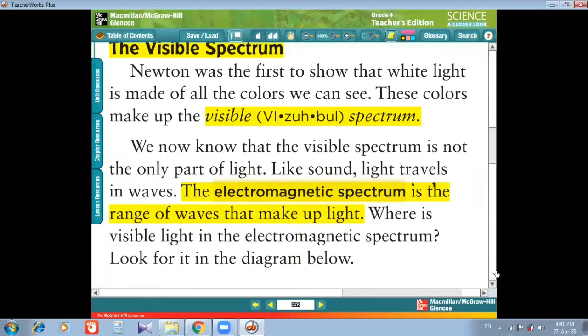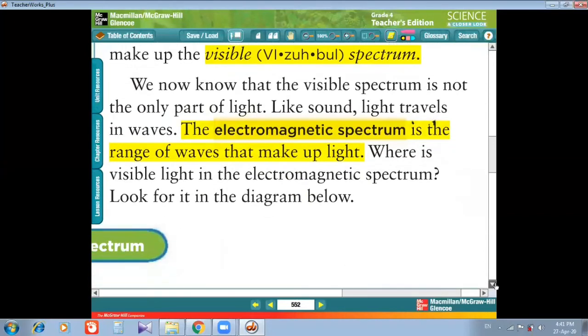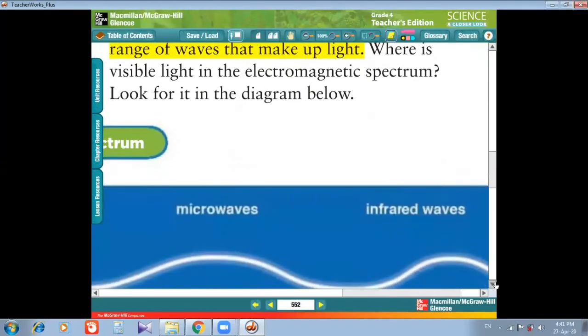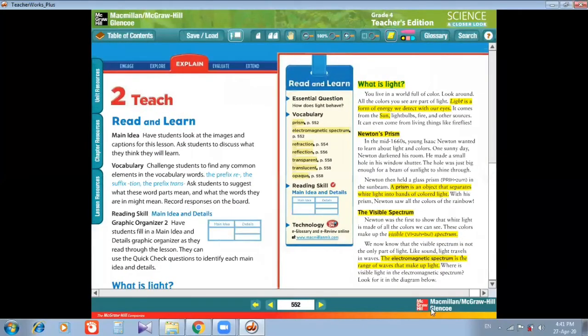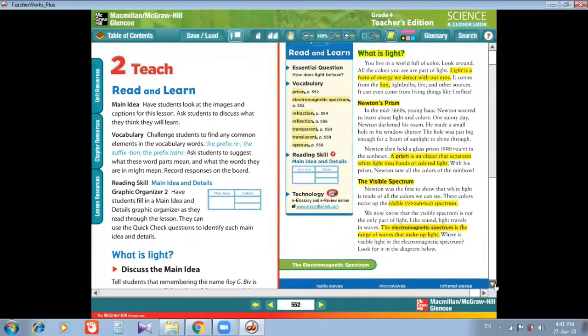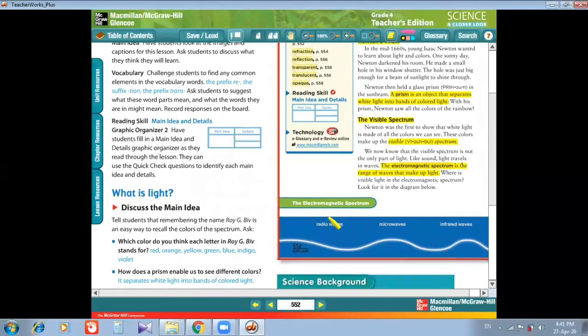If we see the picture below, you can see the electromagnetic spectrum. Here you have radio waves, microwaves, and infrared waves. All these waves are included in the electromagnetic spectrum.